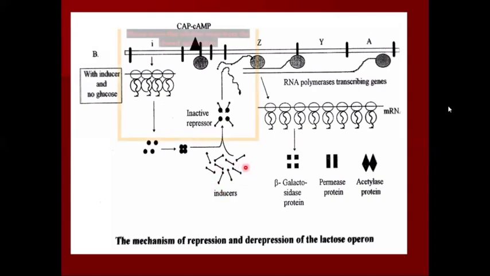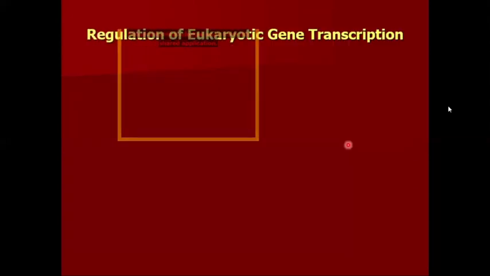Now, lactose, the inducer, will bind to the repressor, so the repressor cannot bind to the operator locus. So what will happen? The LacZ gene will now be exposed. Okay?